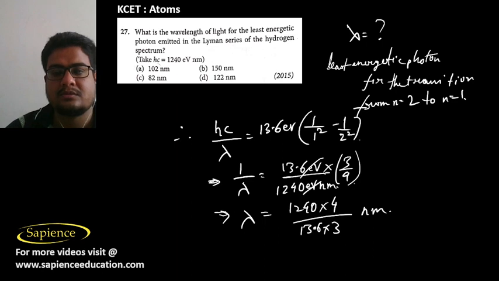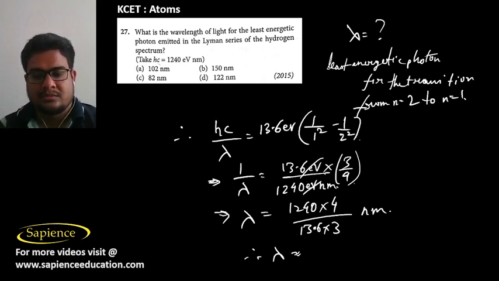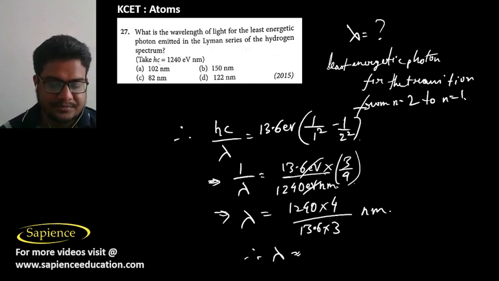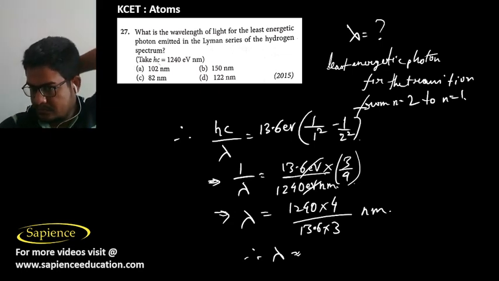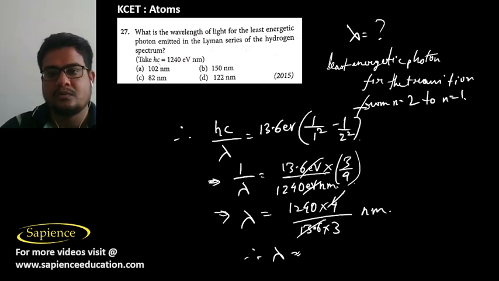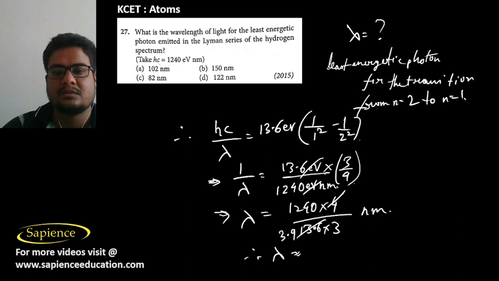So the wavelength lambda will be approximately 40, and on calculating, 4 1s are 4, which is 12, so approximately it is 103 nanometer.